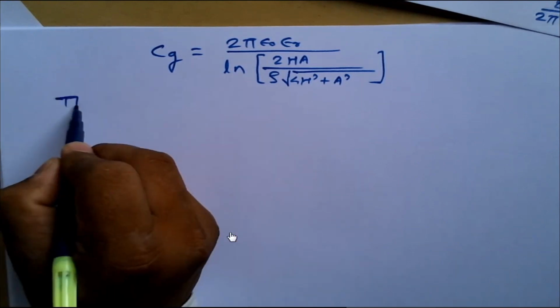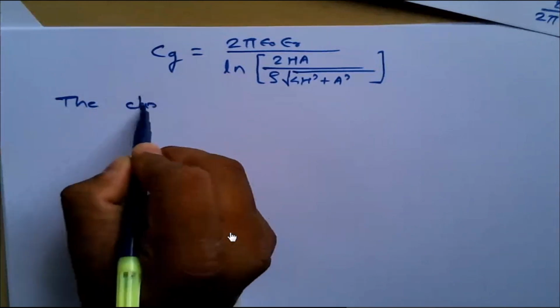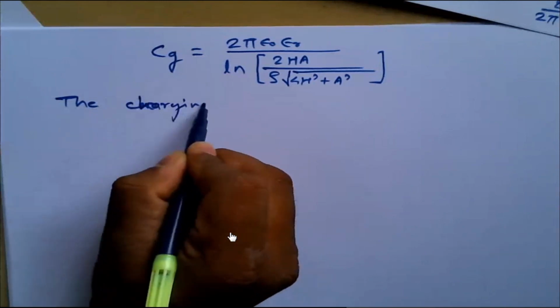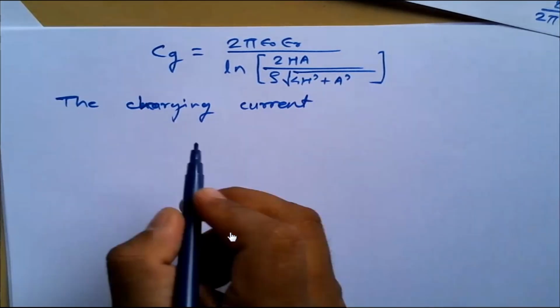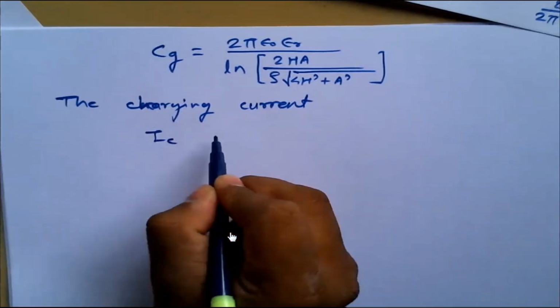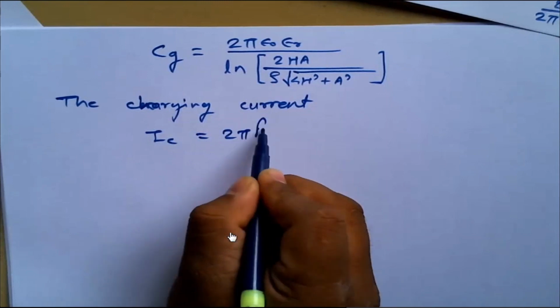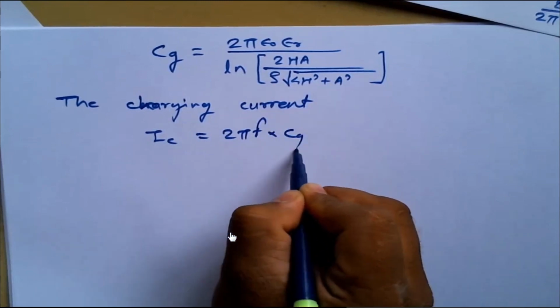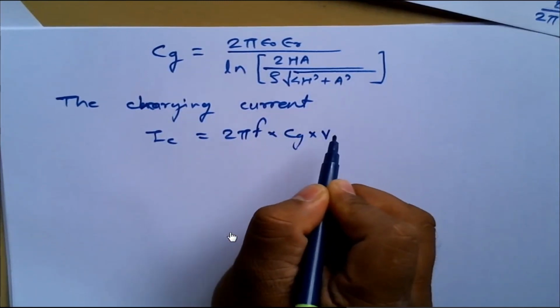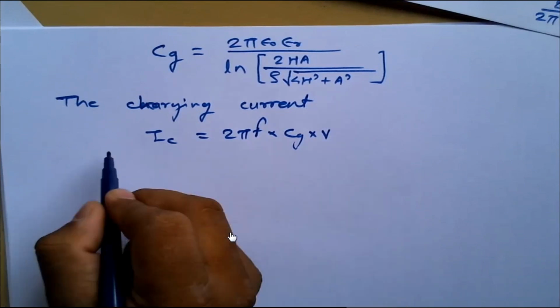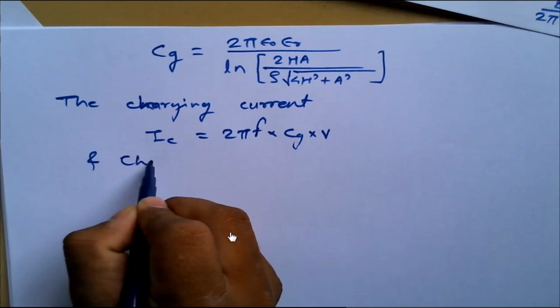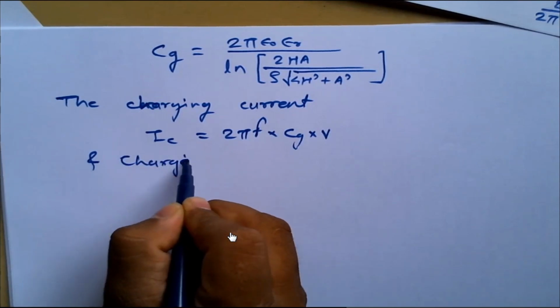Now the charging current, IC, it will be 2 pi F into Cg into V, and these are the equation for charging current and charging reactive power.